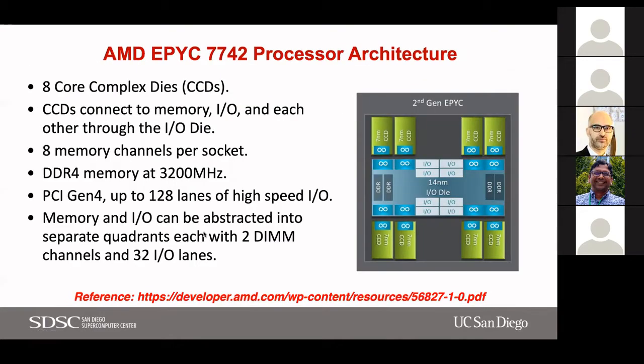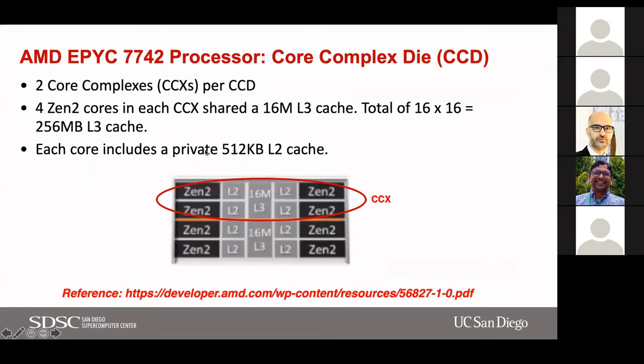So each of those green boxes there, the core complex dies, has 2 core complexes with 4 cores in each CCX, and they share a 16 meg L3 cache, and a total cache is 256 meg. And each core contains a private 512 kilobyte L2 cache.